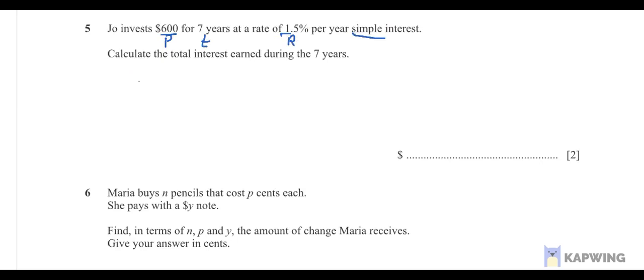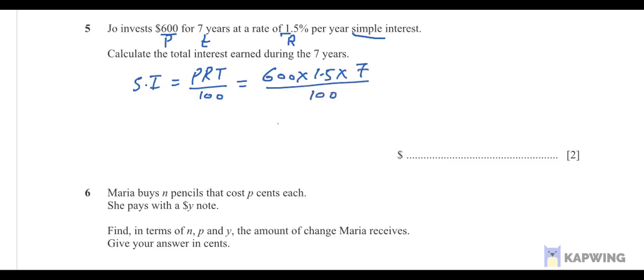So the formula for simple interest, we know, is PRT over 100. So P is 600, the rate of interest is 1.5%, and the time duration is 7 years, divided by 100.